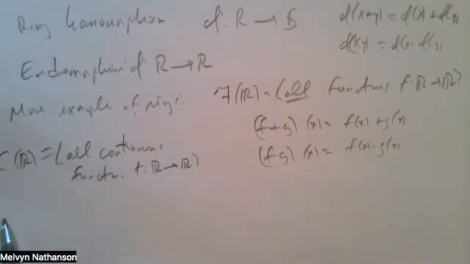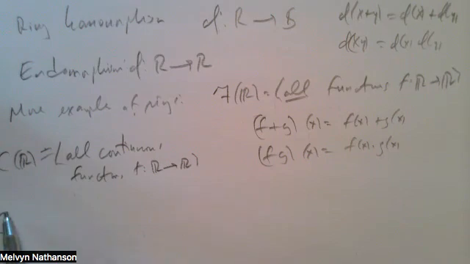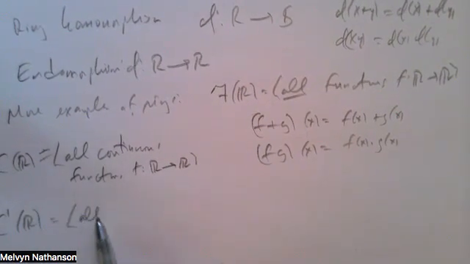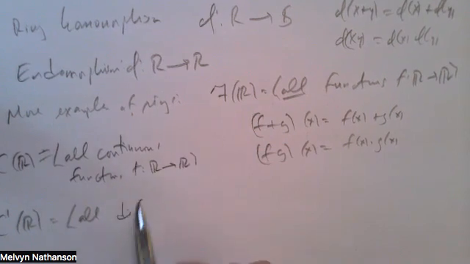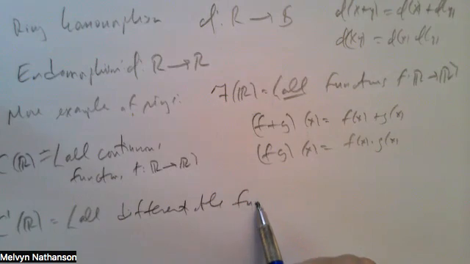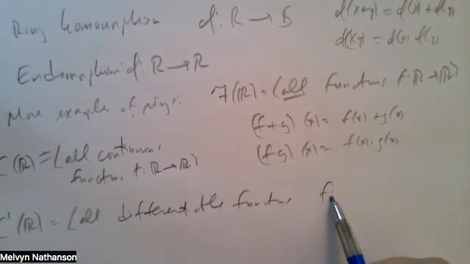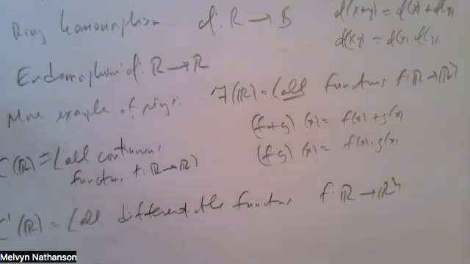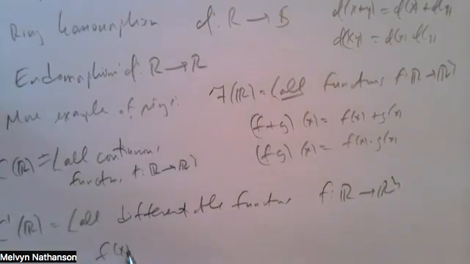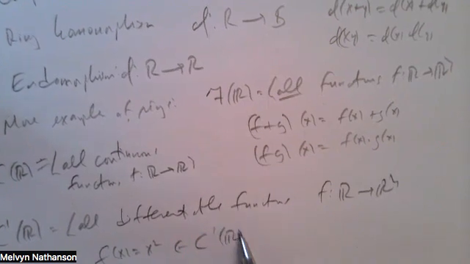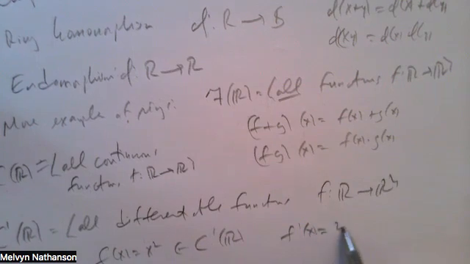And sitting in that, let me call it C1 of R, all differentiable functions f from R to R. So for example, f of x equals x squared is in C1 of R because it has a derivative, f prime of x is 2x.